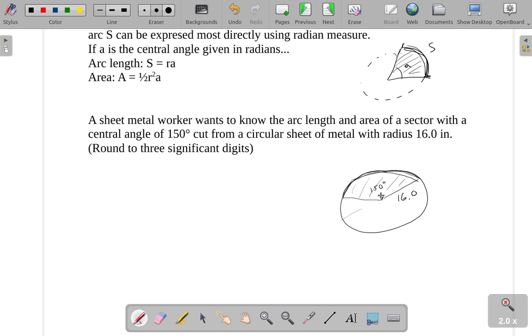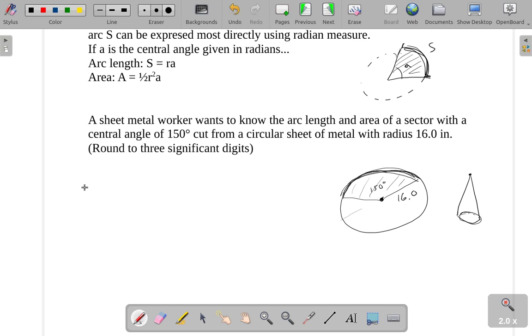If you were to take this to be the point of the cone and roll it up, you would end up having something that looks like this. This distance would be this arc length. And the area would tell you the total weight of this thing. That's why you might want to do something like this. Let's actually do it, though.